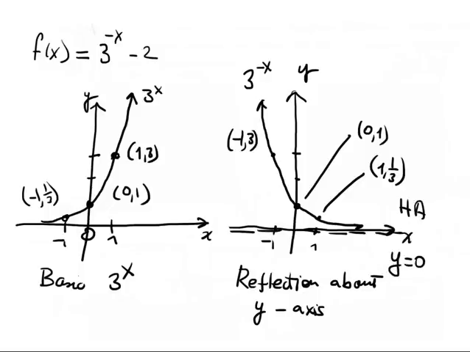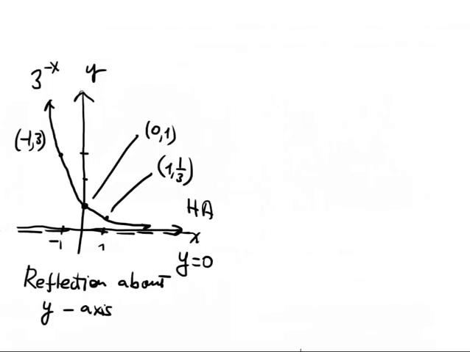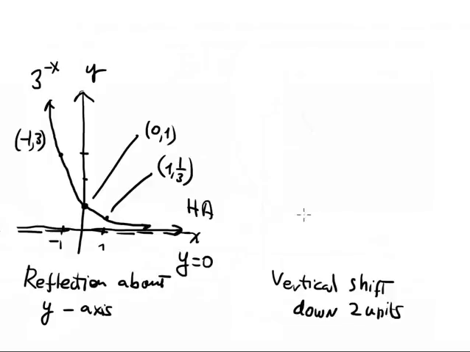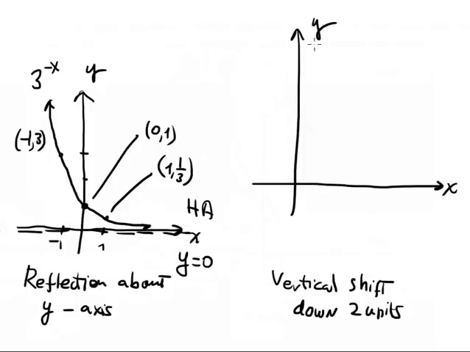Okay, now the next transformation is minus 2. It's obviously a vertical shift down 2 units. The graph will look like that. This is the x-axis, this is the y-axis, and obviously the second component is always decreasing by 2.